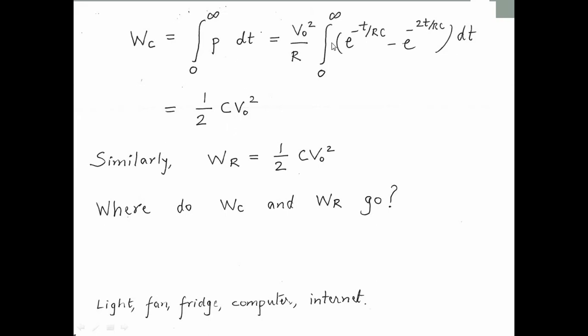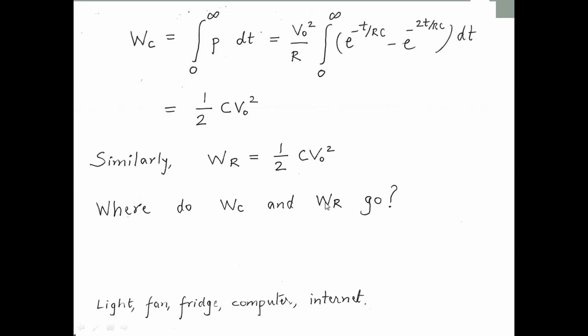Similarly, you can do the same exercise for the resistor, and you will find, and you must do this as homework, that the resistor also absorbs half C V naught squared of energy from t equal to 0 to infinity. Where do these energies go? The capacitor is being delivered energy, the resistor is being delivered energy.